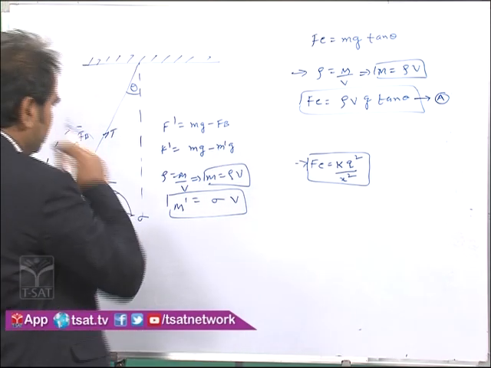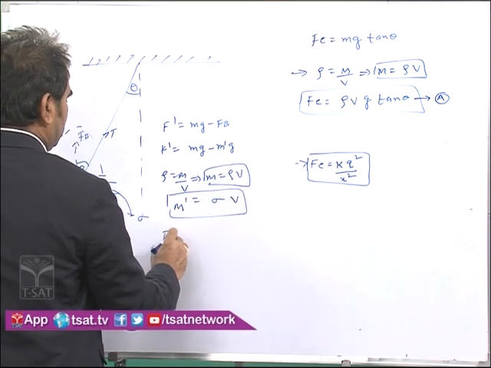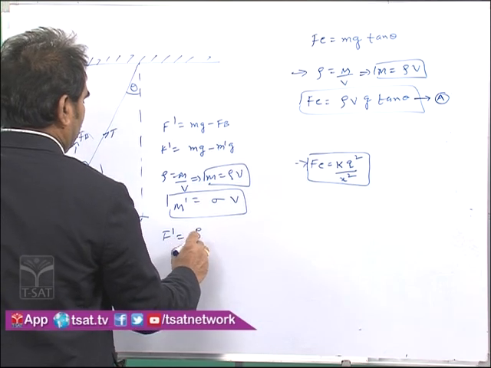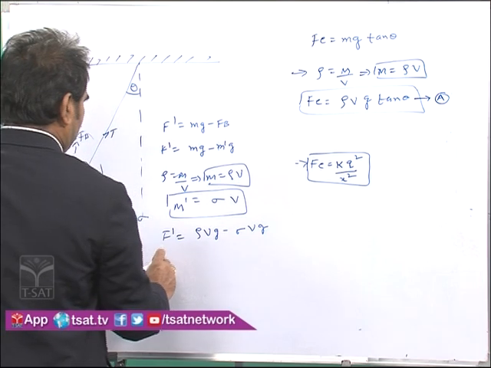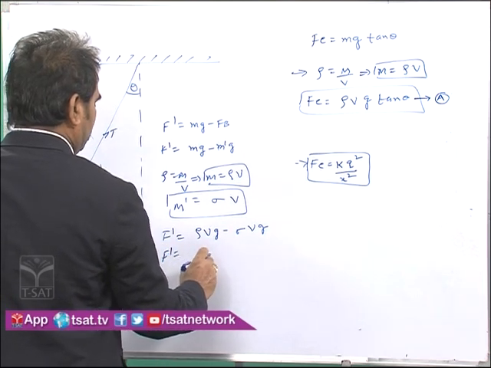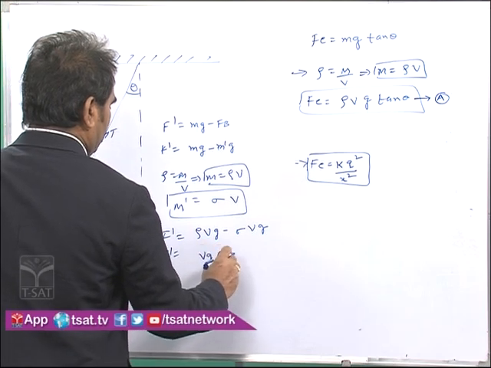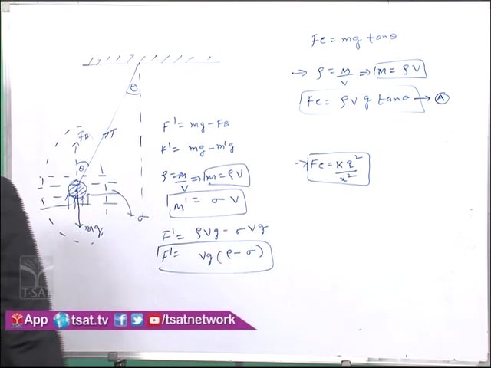Therefore, substituting these two values in the above equation, we get the net force acting on the balls as rho Vg minus sigma into Vg. So F dash is equal to, taking Vg common, Vg into rho minus sigma. This is the net force acting on this.